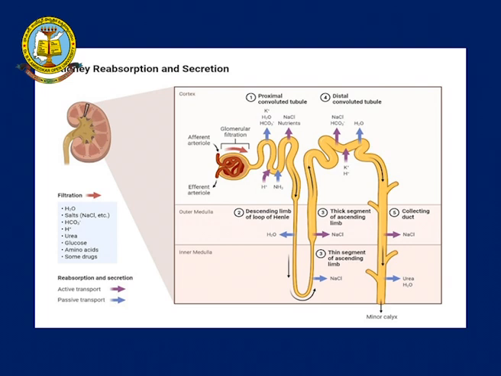In the proximal convoluted tubes, potassium, water, bicarbonates, chlorine, sodium chlorides and nutrients go outside as secretion. Hydrogens and amine groups, ammonia-containing molecules, enter the proximal convoluted tubes.